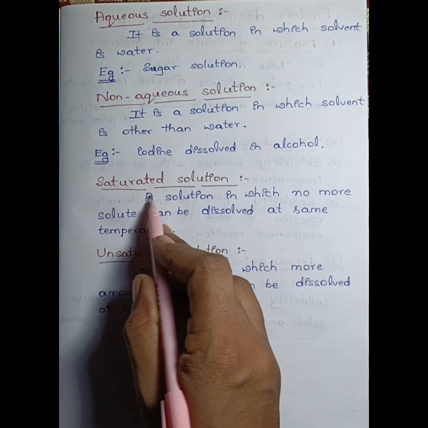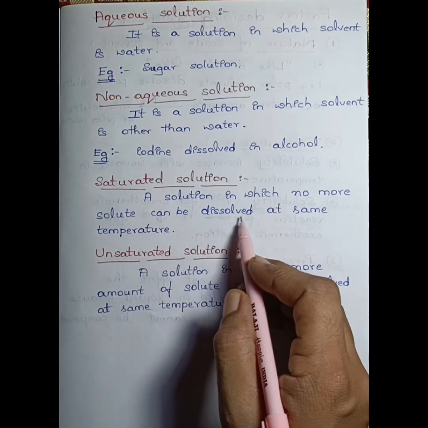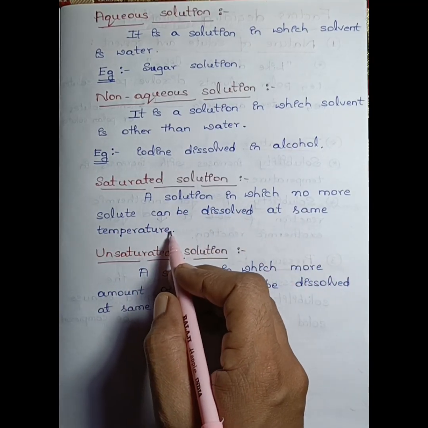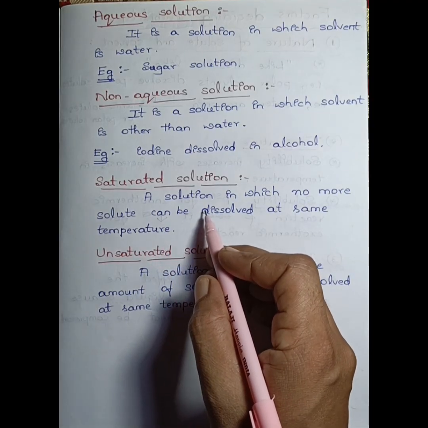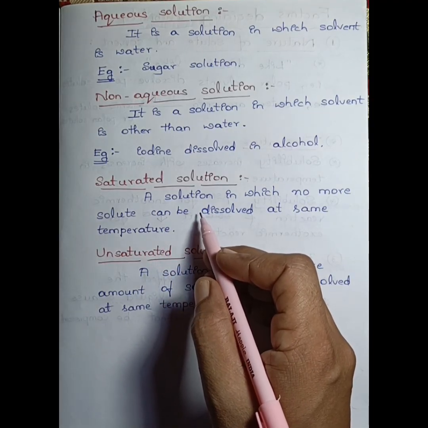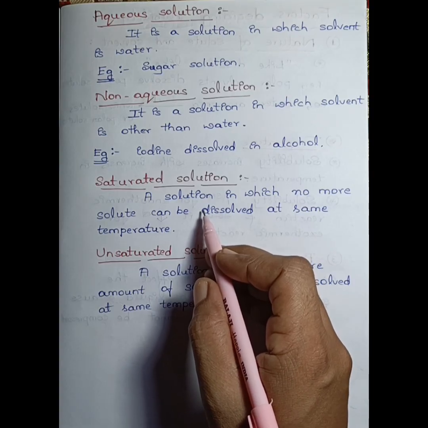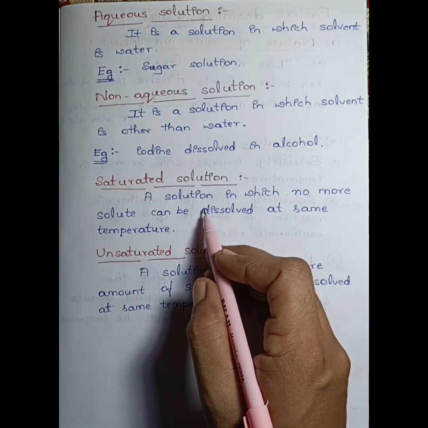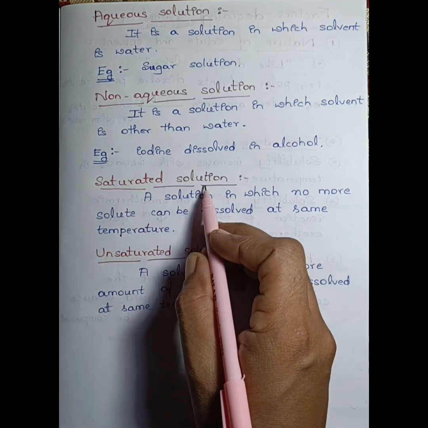So next is saturated solution. A solution in which no more solute can be dissolved at the same temperature. At a particular temperature, if you consider sugar solution, you will add some sugar and dissolve it, right? If you add further sugar, it won't dissolve. Why? Because it reached its saturation level.